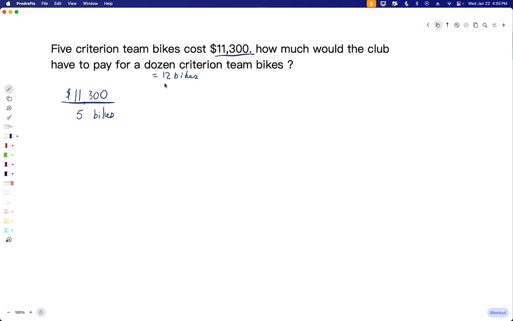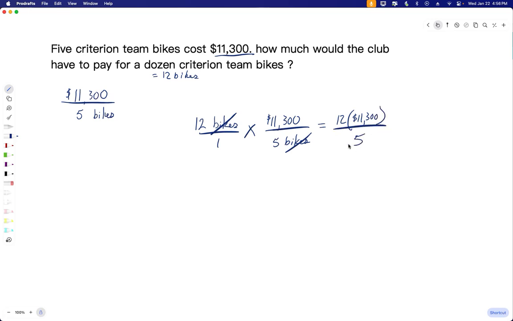So this is the number that we're starting with, 12 bikes over 1. Just set our fraction up. And we're going to flip this. Actually, we don't have to flip it. Bikes is already on the bottom. So 11,300, 5 bikes. Bikes cancels. We're treating it like a unit of measure. So we have 12 times 11,300 divided by 5.